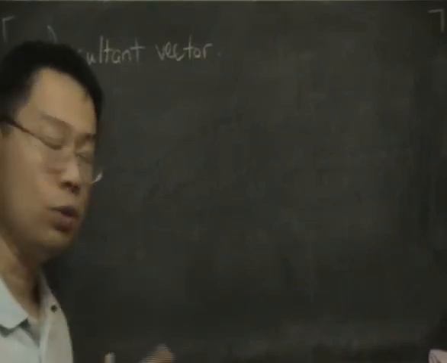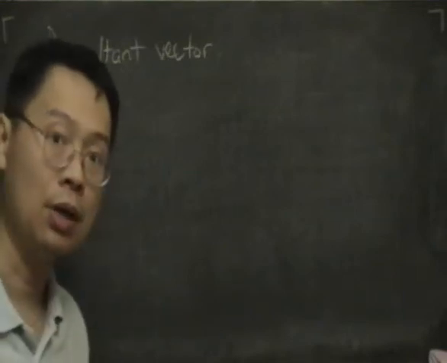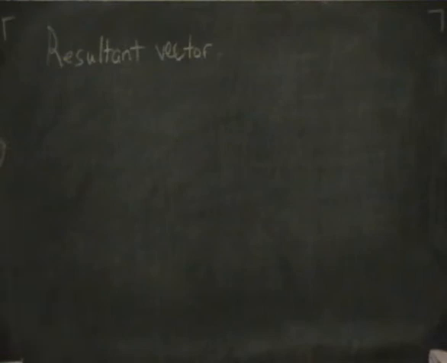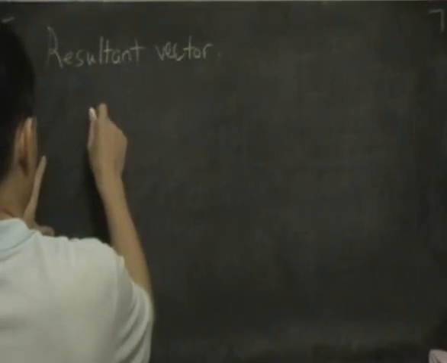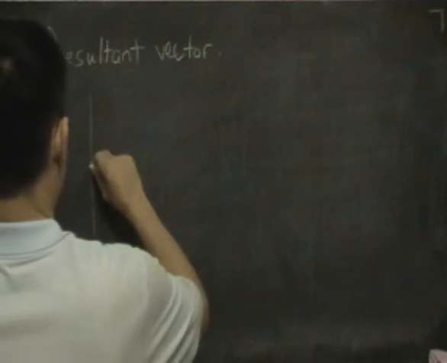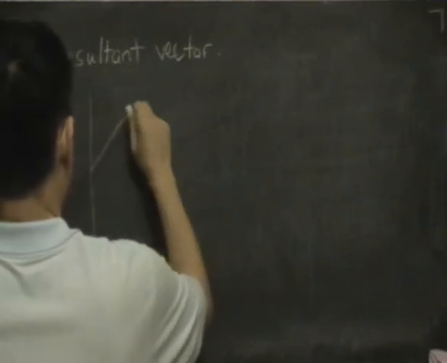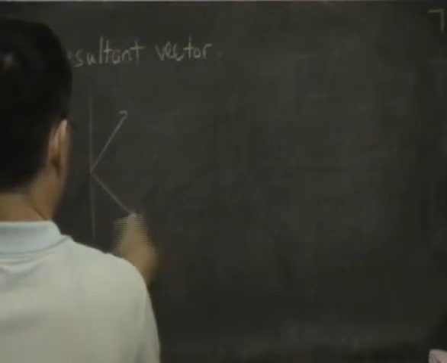Right, we do not always get such obvious examples for our calculations. So sometimes, for example, you might get a question like this. Say you get a straight line there, and you're given a vector in this direction and one in this direction.